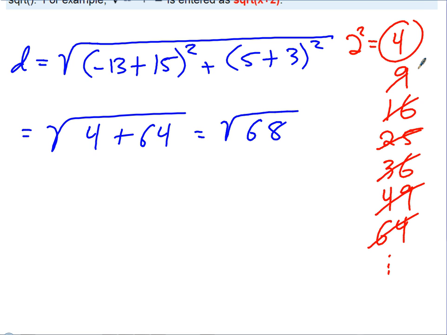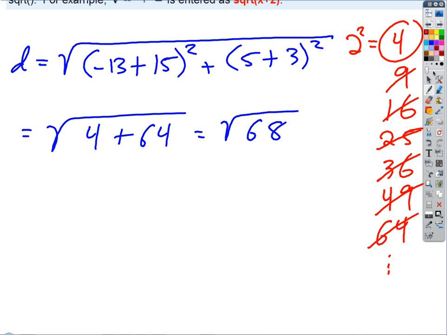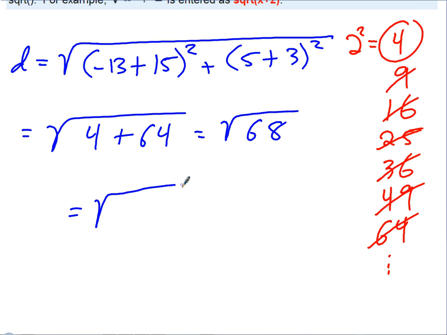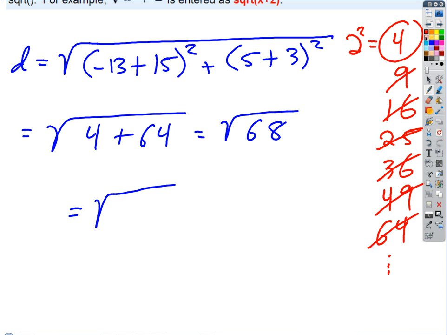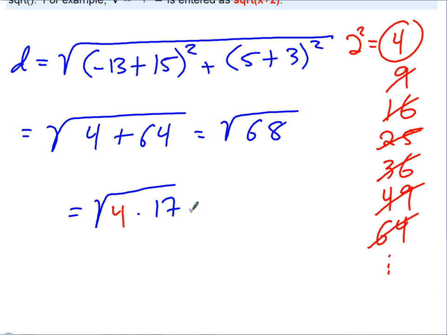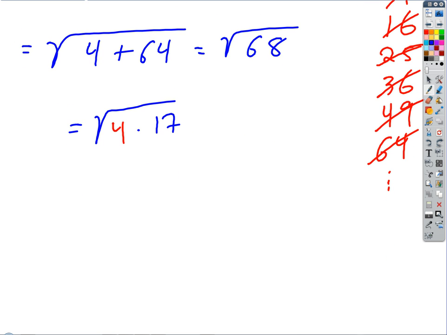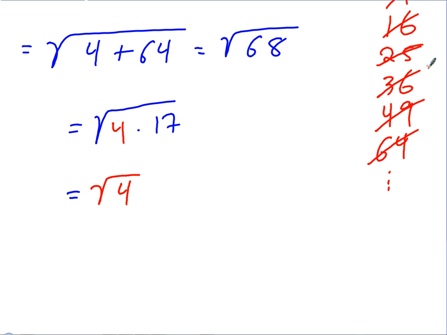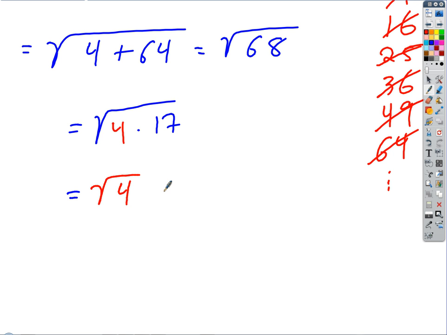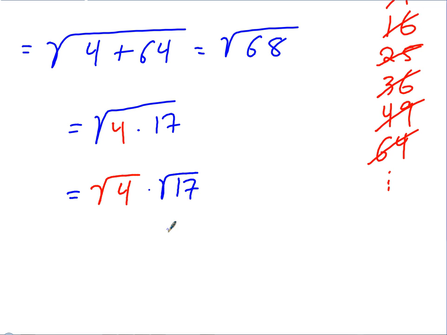So I could rewrite the square root of 68 as the square root of 4 times 17. We'll actually split it into 2 separate square roots. So it looks like this. Square root of 4 times square root of 17.